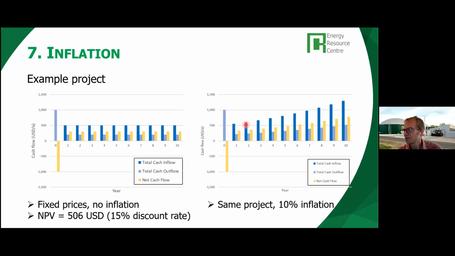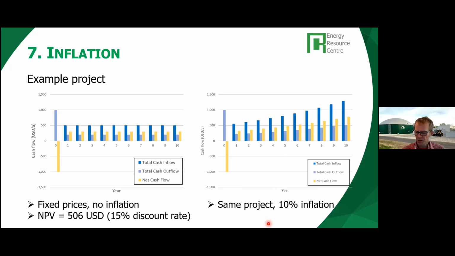That means that every year the total income increases with 10%. On the other hand, the operating cost increase by the same rate. And if you combine this, then you see that the net cash flow also shows, let's say, the 10% increase.